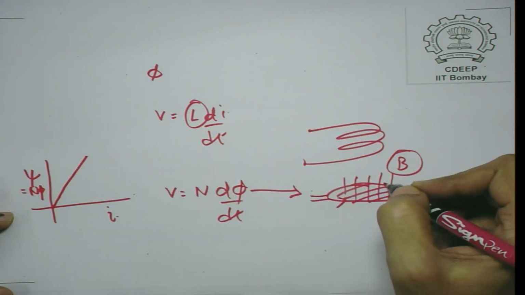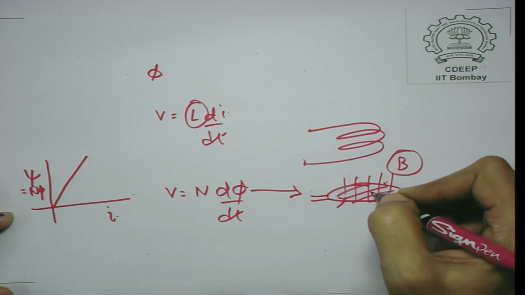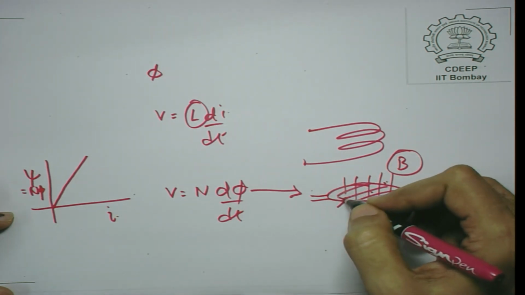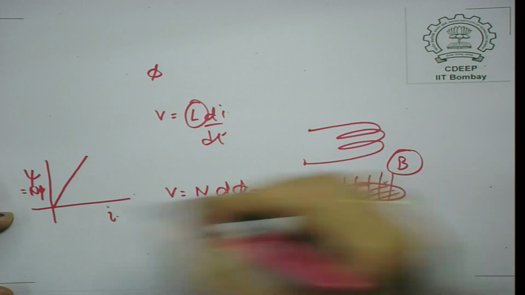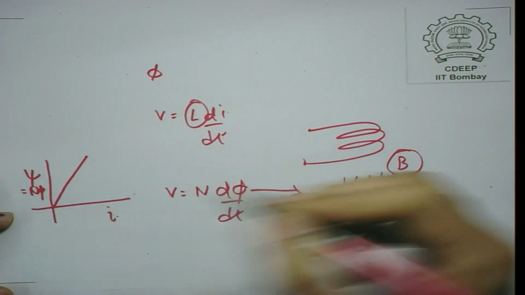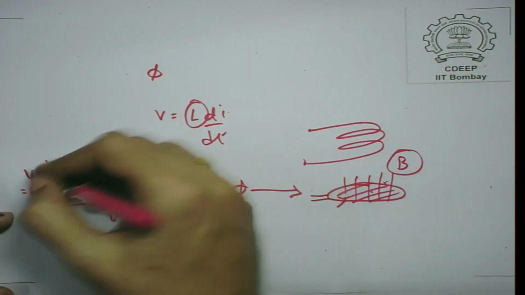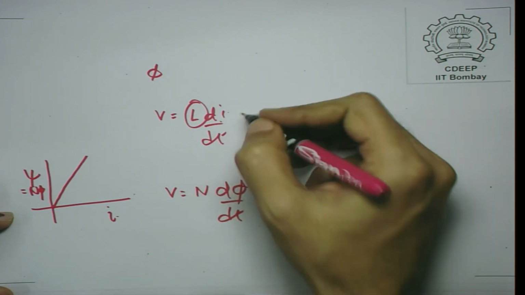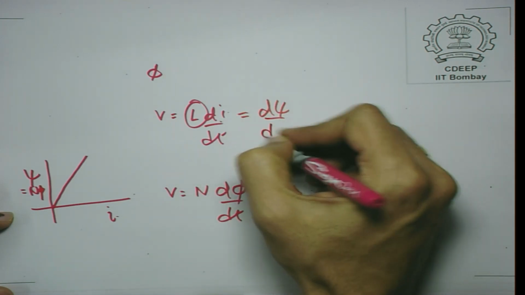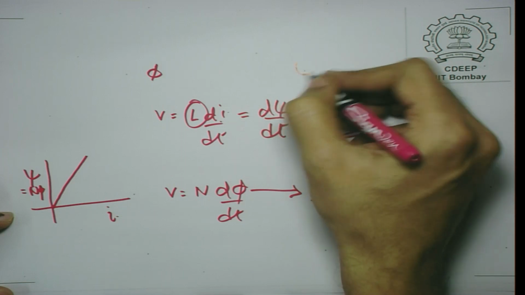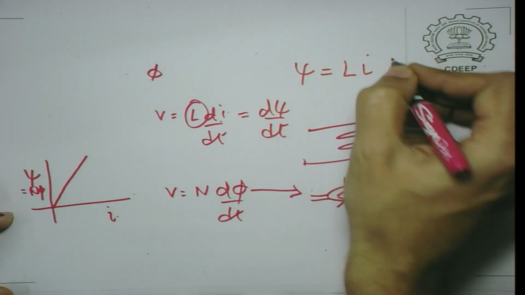I causes B, B dot ds integrated gives phi, phi into N, N being a constant, will give you psi. And d psi by dt is equal to V. So, in fact, psi is equal to L into I.